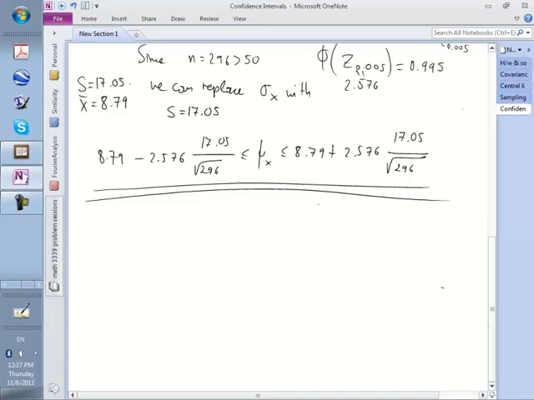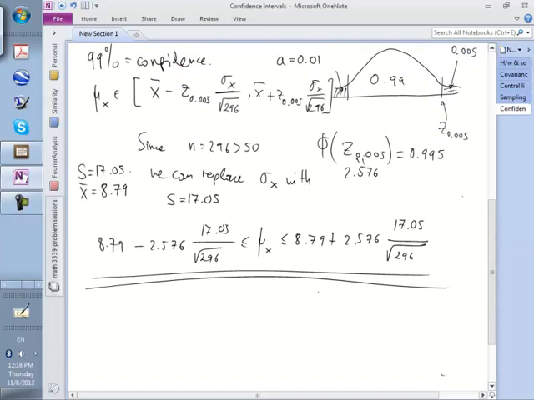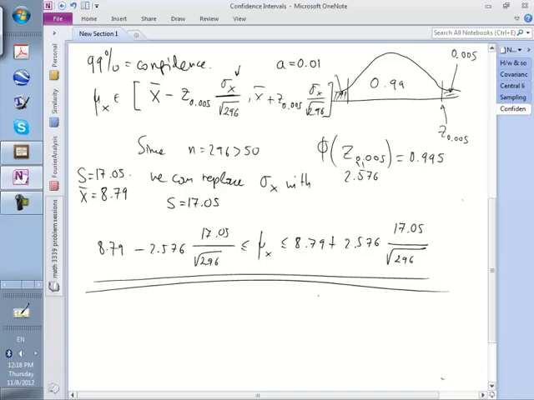And furthermore, I can replace the unknown standard deviation of x with the sample standard deviation which I have from the data, because the sample size is very big, greater than 50. Now, what is very big and what is less than very big is a matter of personal interpretation. I follow the safe approach to say that a very big sample is a sample greater than 50.